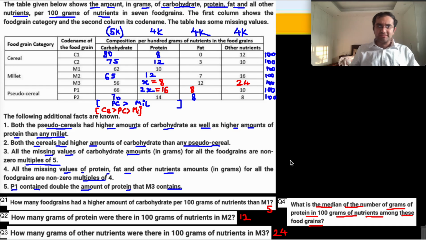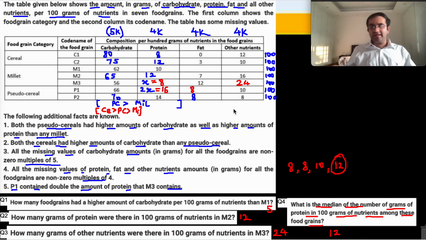If we write the 7 values in ascending order, 8 8 10 12, the middle term of 7 values will be the fourth term, so 12 is the right answer for question number 4. And that is the end of the set. I have not filled out the last two values, yet all the questions got answered without them.